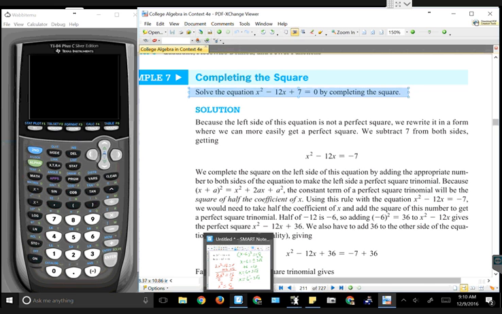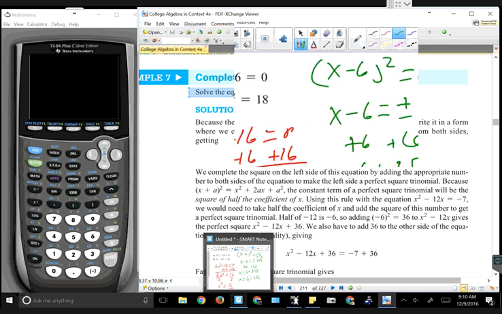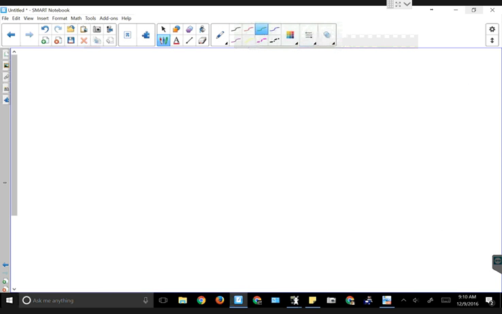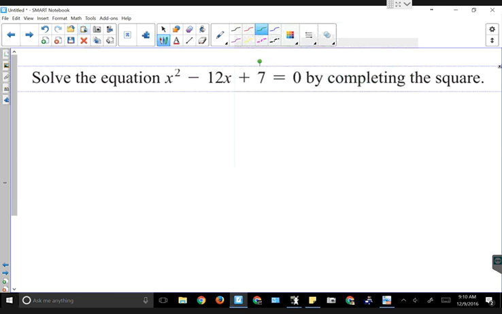I am not kidding. I want to solve this by completing the square. So, what we've got, we are going to take x squared minus 12x plus 7 is equal to 0.